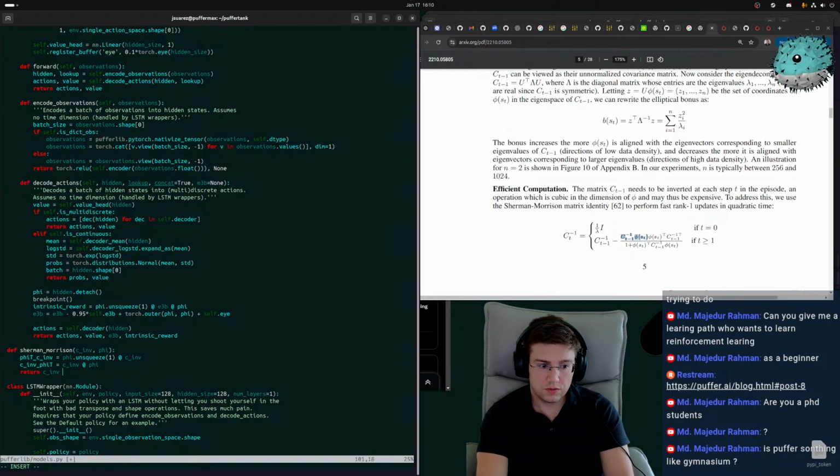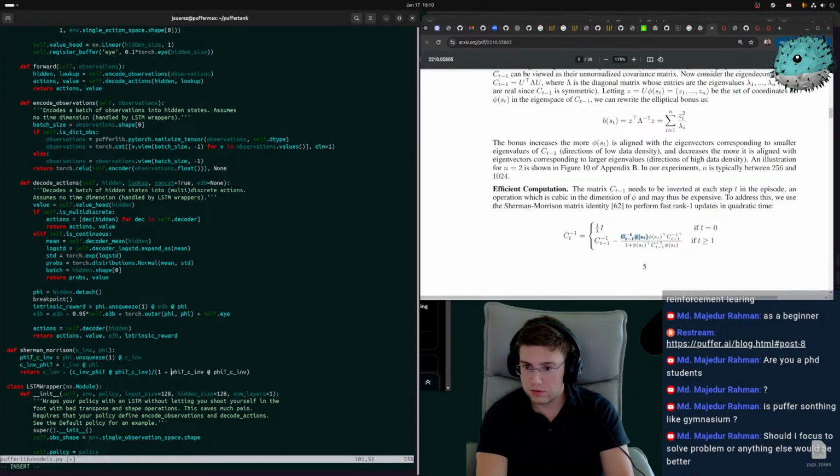C inverse minus C inverse V T at divided by 1 plus.